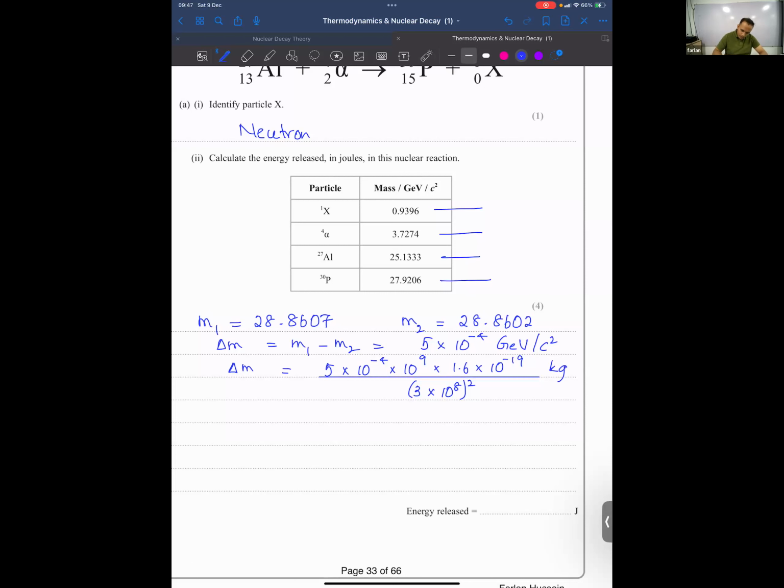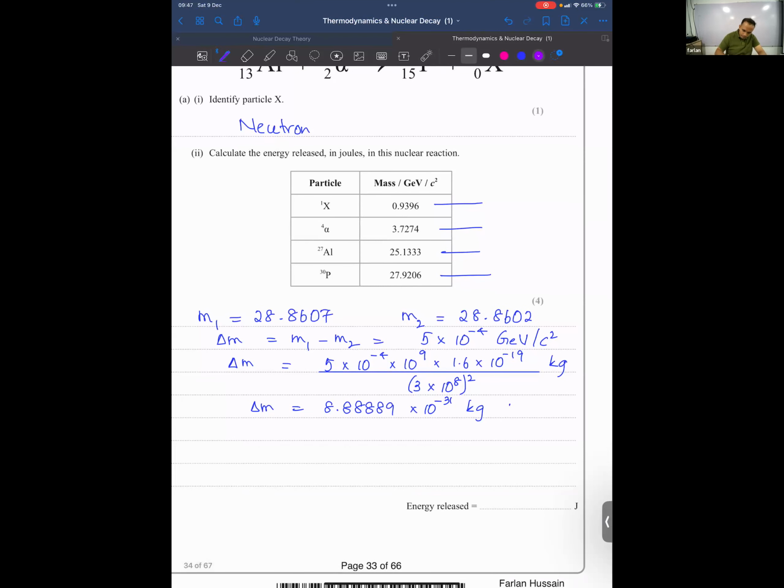Which is 8.8, I'll take it for 5 decimal places, 8.88889 into 10 to the power minus 31 kilograms. This is the mass defect. They want the answer in joules, so I'll use E equals mc squared. That is 8.88889 into 10 to the power minus 31 into 3 into 10 to the power 8, that's squared.